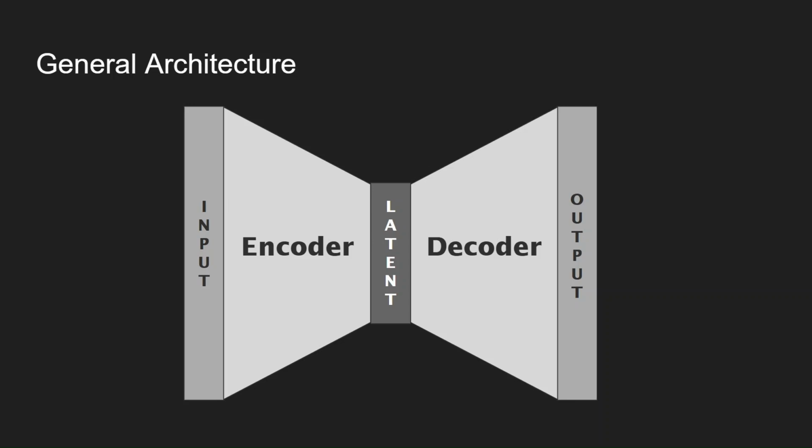Now let's see the general architecture of this model. We will have the input, then the encoder, and then the latent space. In our case, the latent space is going to be 2 because we are going to use the MNIST fashion data set, but you can put any value here. It could be 32 or 64.